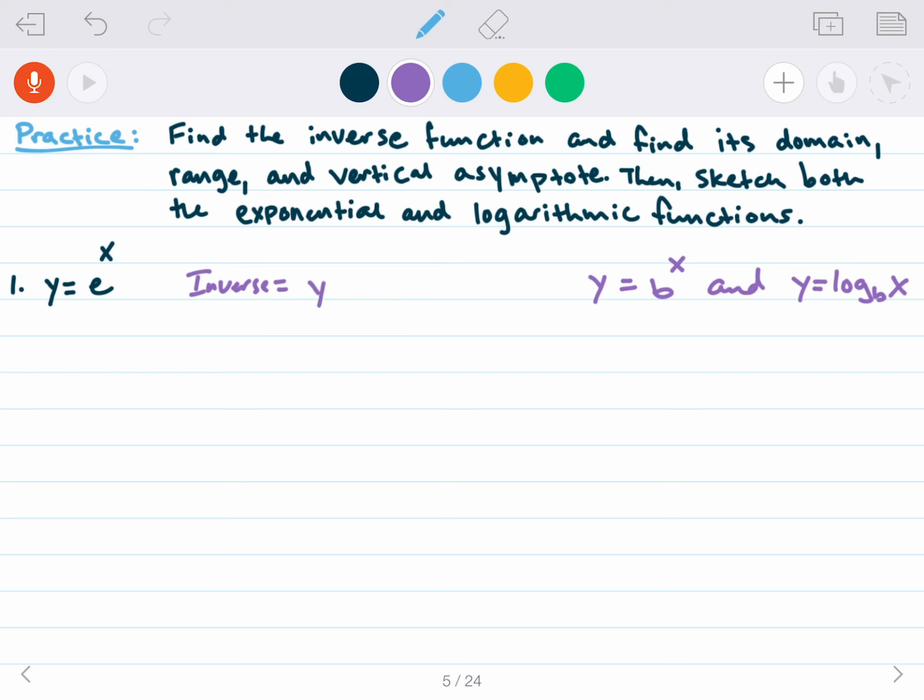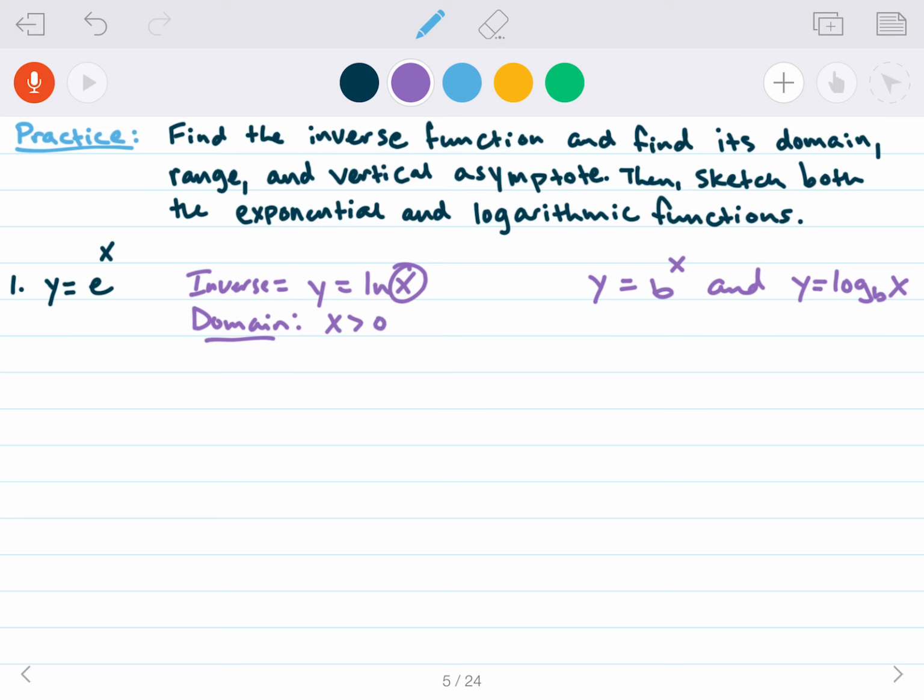And it's asking us to find the domain, range, and to find the vertical asymptote and to do a quick little sketch. Okay, so the domain here for our log function, remember it's going to be everything in the argument bigger than 0. So x is bigger than 0, right?